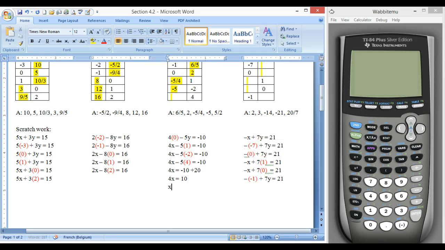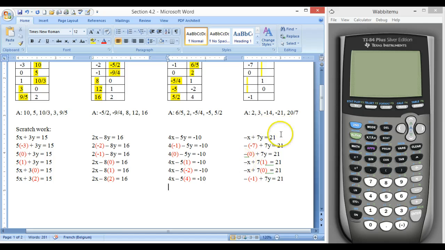Divide both sides by 4. That isolates the x on the left, and I'm left with x equals 10/4, which of course is an improper fraction, but I do need to simplify it. Divide both top and bottom by 2, which gives me 5/2. I can also change this to a mixed number if I would like. In this case, I'm going to keep it like the other ones. To change it, you would divide 2 into 5, which goes 2 times with 1 left over, so 2.5, or just 5/2.